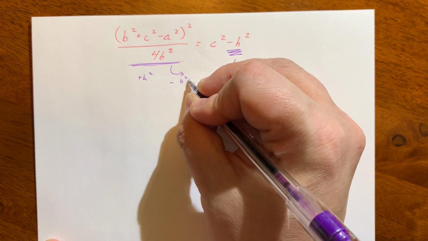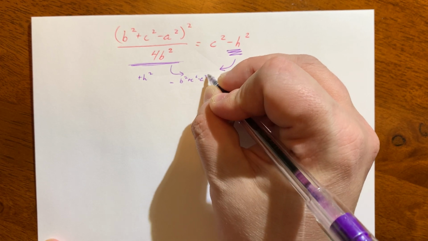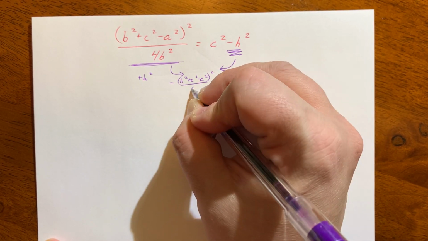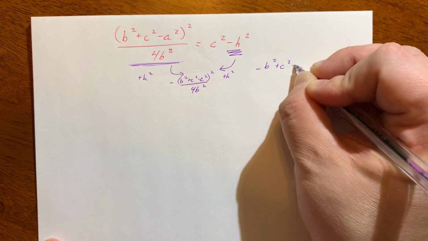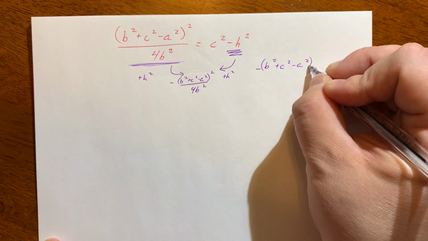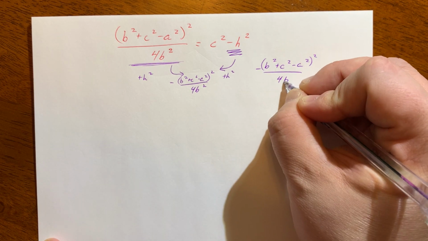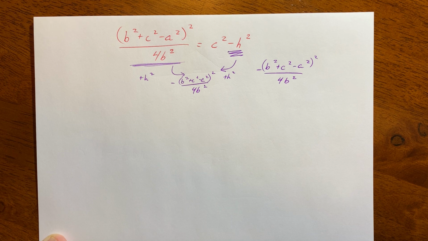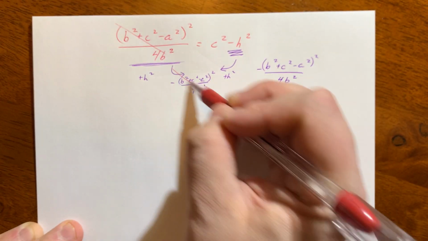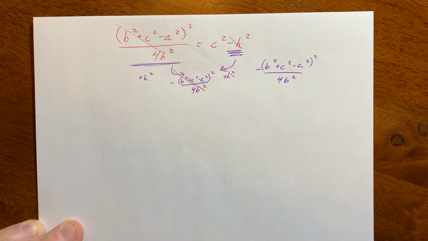So I'm going to subtract b squared plus c squared minus a squared, all squared, over 4b squared on the other side as well. I'm not being lazy. I could have just drawn the arrows and said, go ahead and switch them. But we actually should show that additive property of equality on both sides. So that's going to lead to them swapping locations.